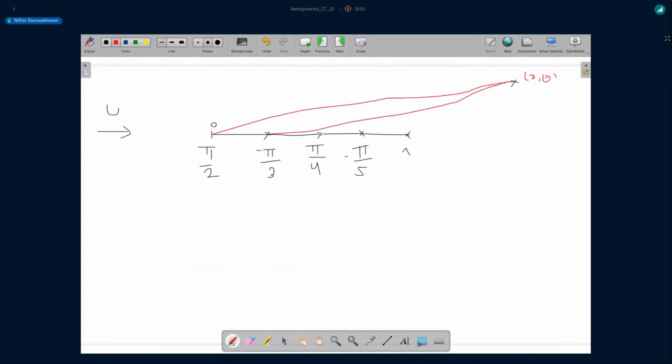I'm just joining all these lines. Since this is the line joining the origin and the point of interest, this angle would be nothing but theta. This is a line joining this source and the point of interest. Let me call this angle theta 1, this angle that is formed as theta 2, and this angle as theta.